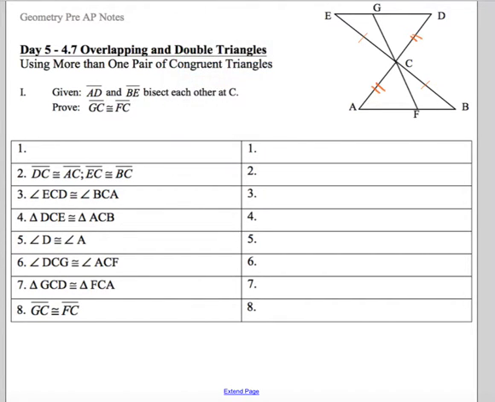So let's find those. GC and FC are here. So I know that I'm going to have to use my given, which is a part of the large triangle, so I'm going to have to go for the large triangles and then use something in the large triangles in order to prove a set of smaller triangles congruent that includes these pink portions.